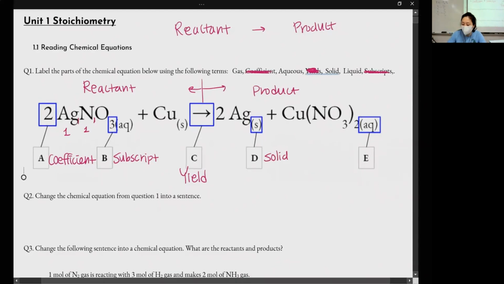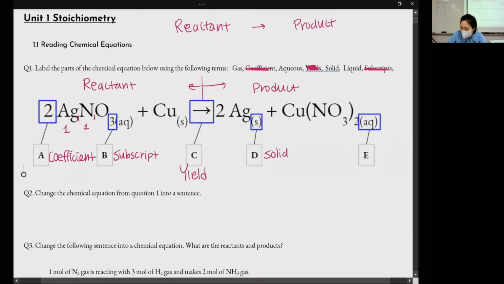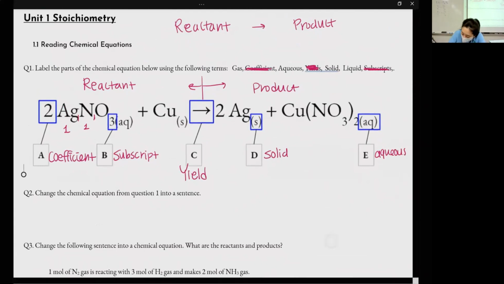And E is aqueous. So we got the solid and aqueous down. If you have a gas, then it will have a parenthesis G and close the parenthesis. If something is liquid, then it will be parenthesis L and close the parenthesis. So those are the parts of a chemical equation that you're responsible to know.